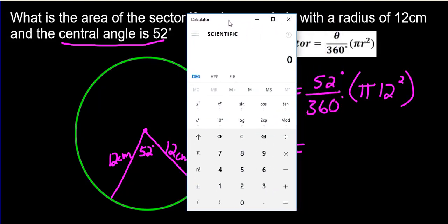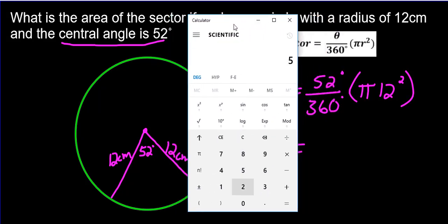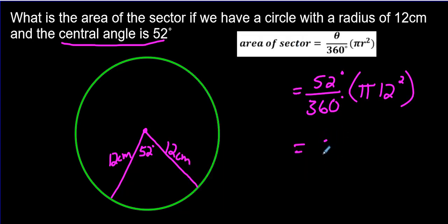So I'm going to bring up my calculator. 52 divided by 360 equals, and I'm just going to keep multiplying now, times 3.14 times 12 squared. Here's the squared button. And then equals. And the answer would be 65.3.